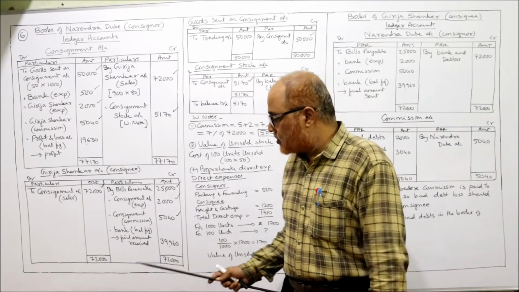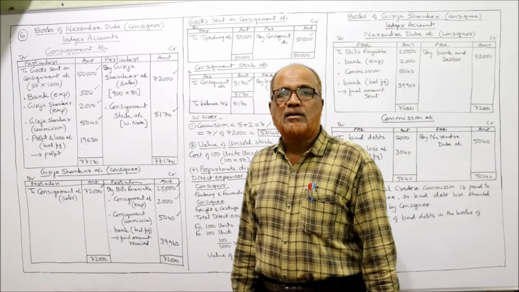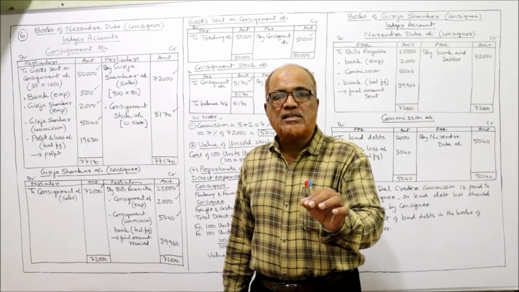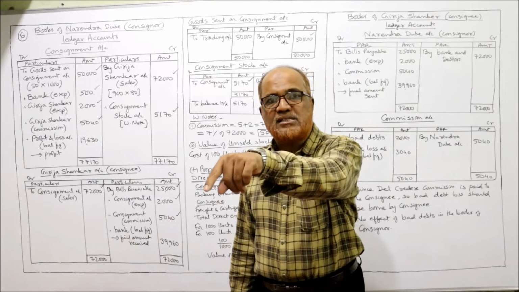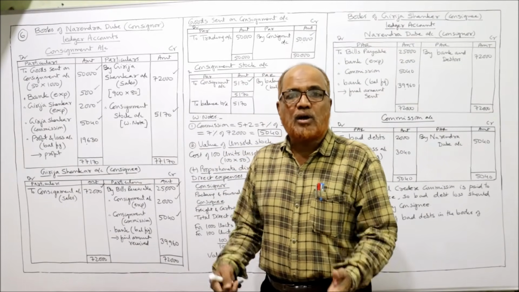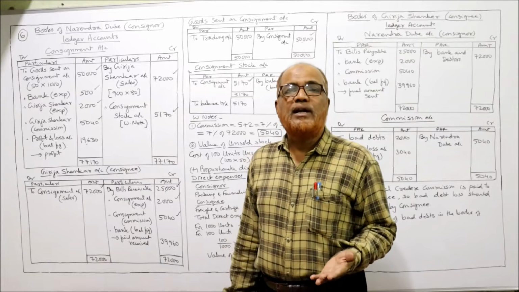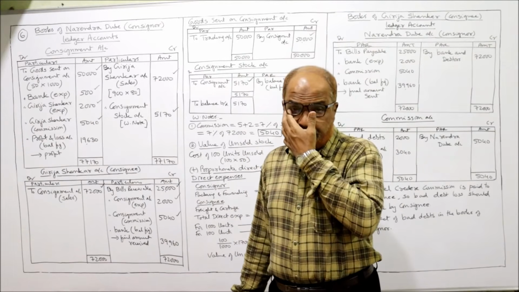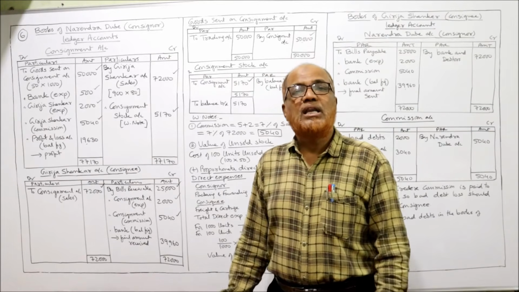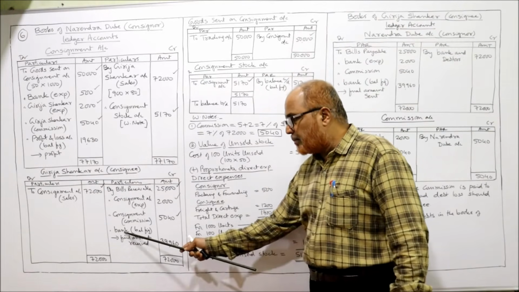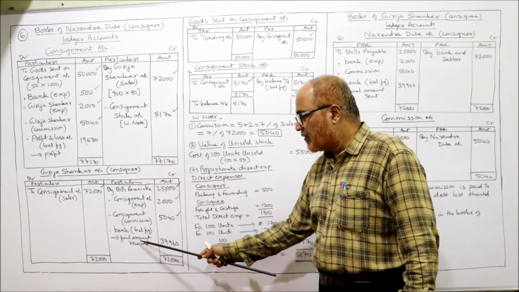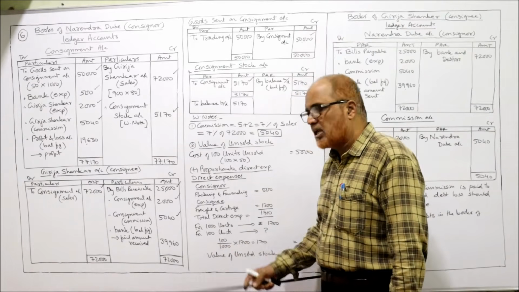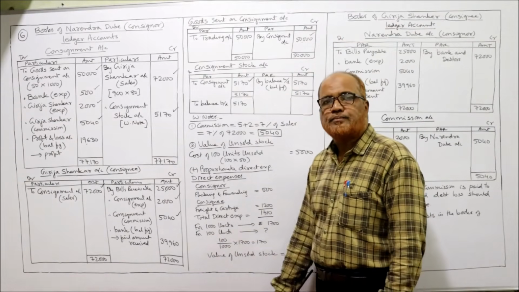The remaining amount how much? 39,960. So 39,960 has been sent by consignee to consignor. So consignor got it. So entry will be bank account debit to Girija Shankar. So Girija Shankar credited by bank, balancing figure. Final amount received 39,960. Account closed.